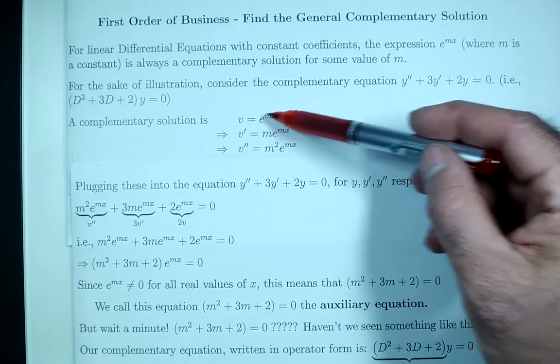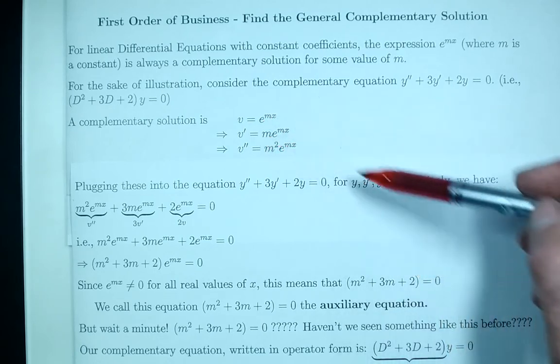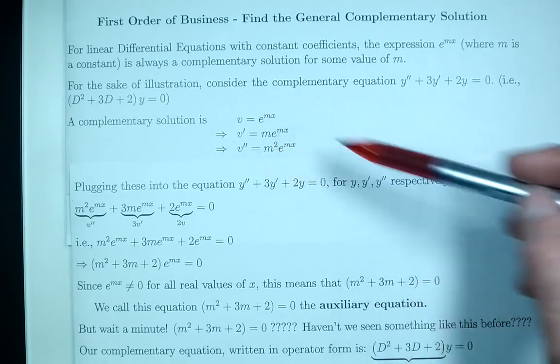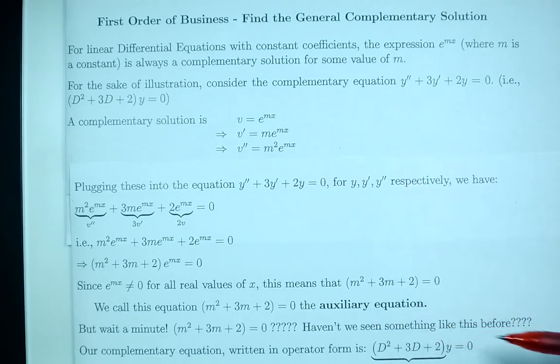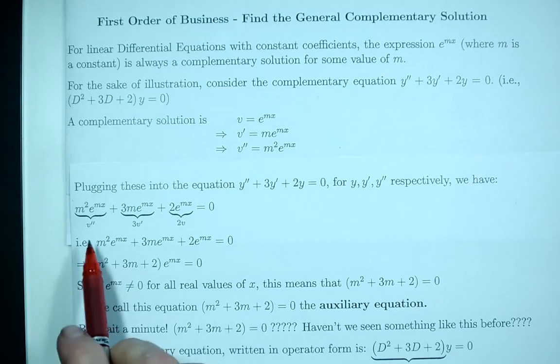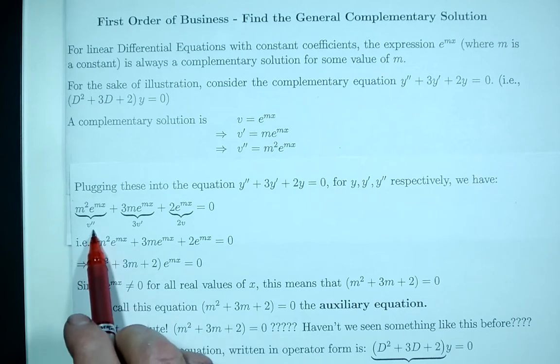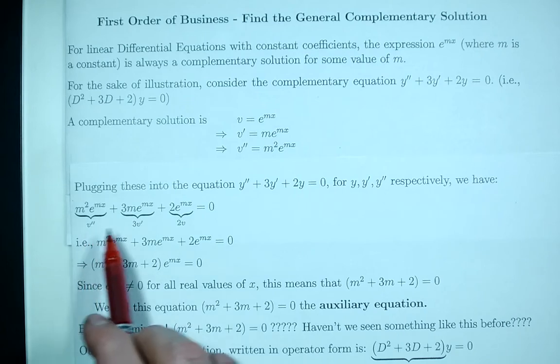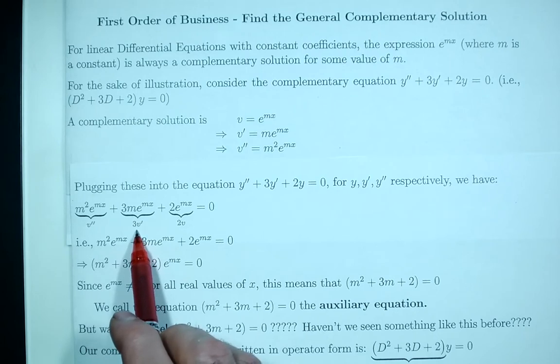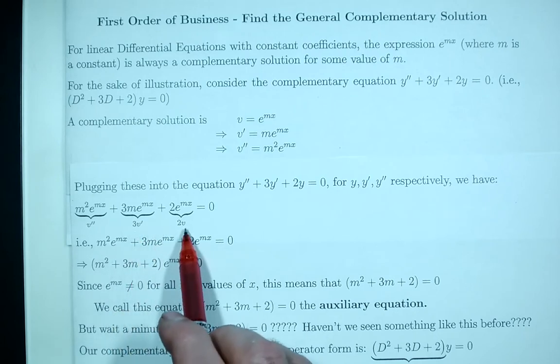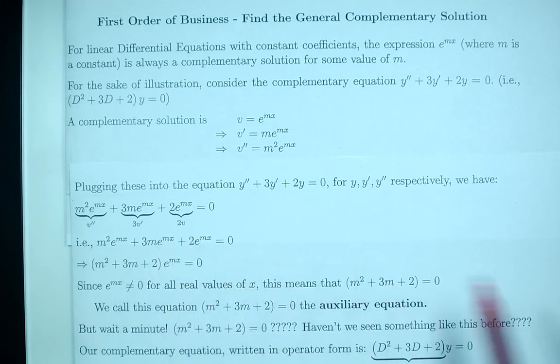So we'll plug v in for y, v prime in for y prime, v double prime in for y double prime. And here's what we get. V double prime, where we had y double prime before, plus 3v prime, where we had 3y prime before, plus 2v, where we had 2y before. And let's see what we get.